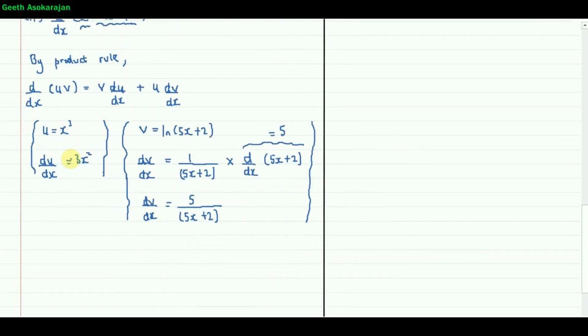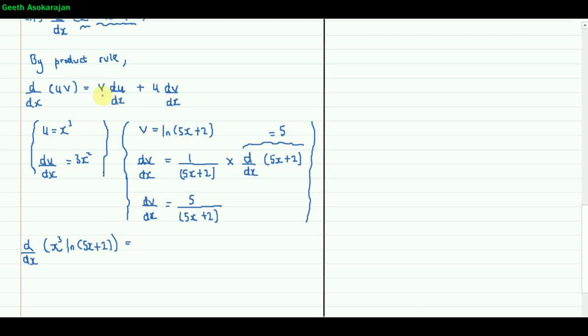Now let's apply these into our product rule. So let's plug into the product rule. So d by dx of u is x cubed, so x cubed, into v is ln 5x plus 2, so ln 5x plus 2.